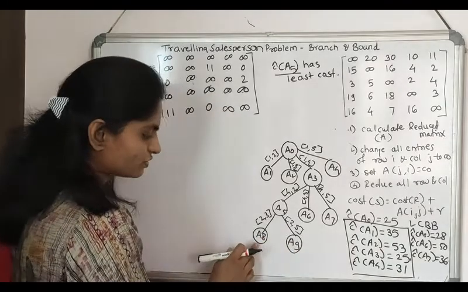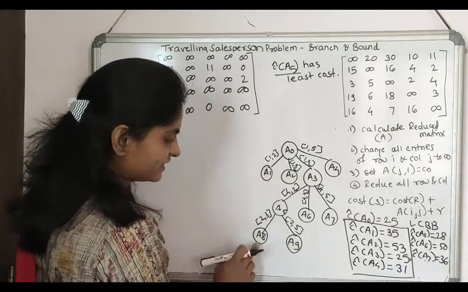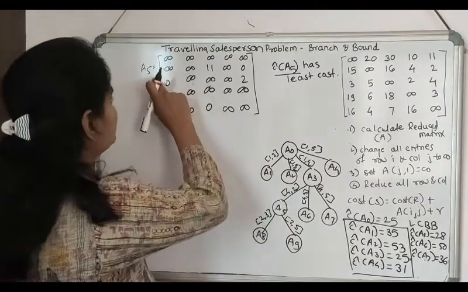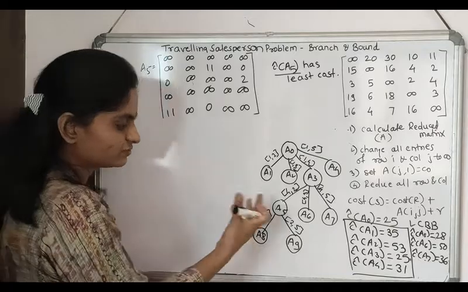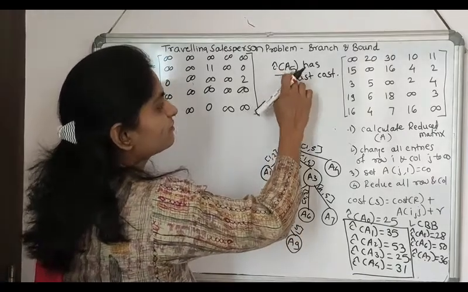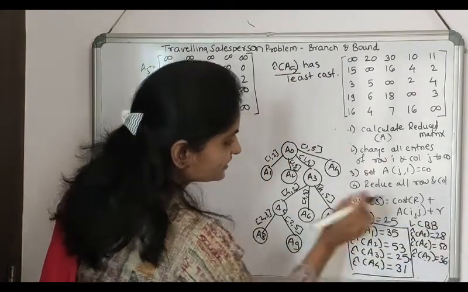We can calculate the cost of A8 and A9 using the A5 matrix. This is our A5 matrix. We explore A5 because C cap of A5 has the least cost, that is 28.